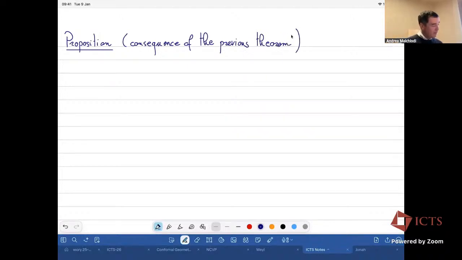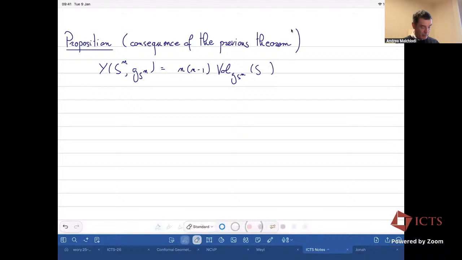Is that the Yamabe constant of S^n with the round metric is given by n(n-1) times the volume with respect to the round metric of S^n to the power 1 minus 2 over 2*.